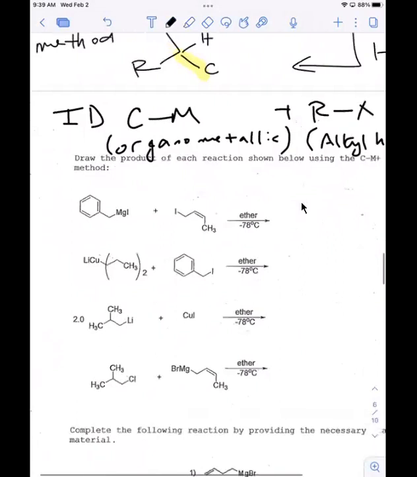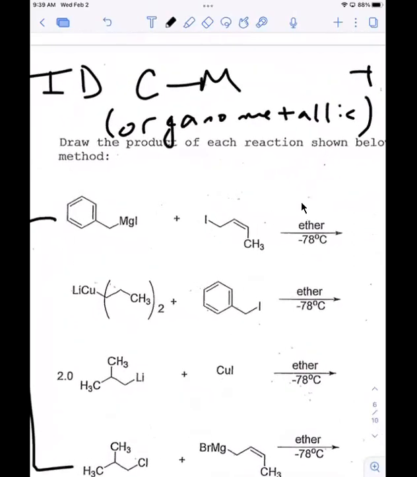So we're going to look at the two reactions here, and then we'll come back and introduce the Gilman and talk about how to make that, and then we're going to come back to these reactions and look at the two in the middle.